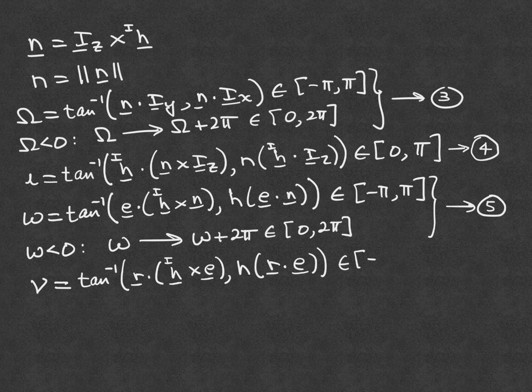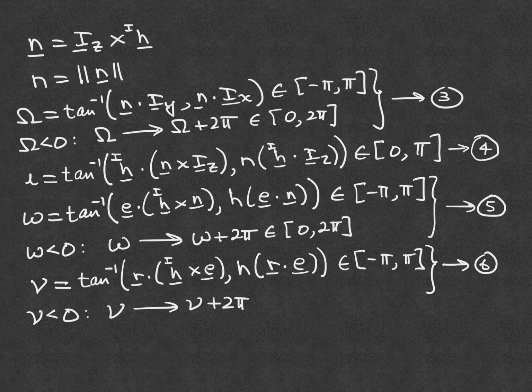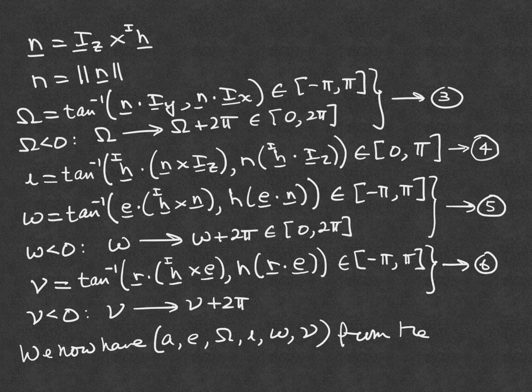This angle again is on negative pi to pi, so if it turns out that the angle is less than 0, we replace it with itself plus 2 pi, and these calculations together give us the 6th orbital element. So we now have A, E, omega, little i, little omega, and nu from the above sequence of calculations.